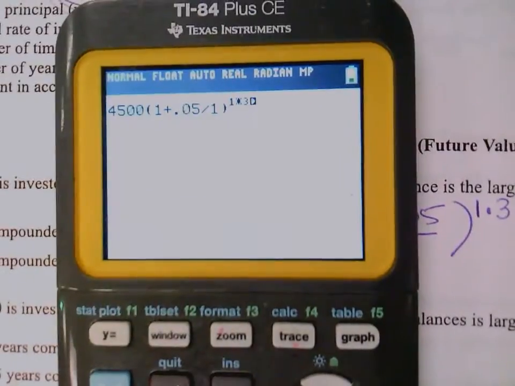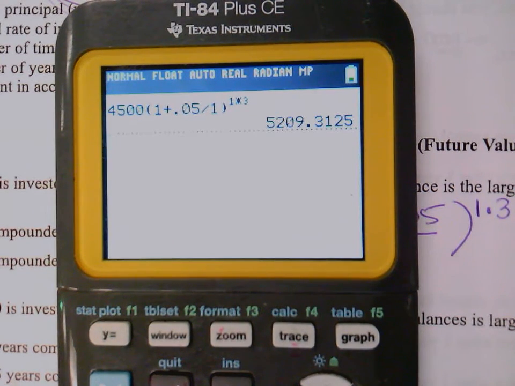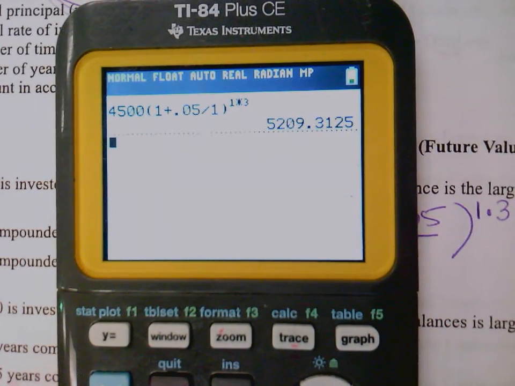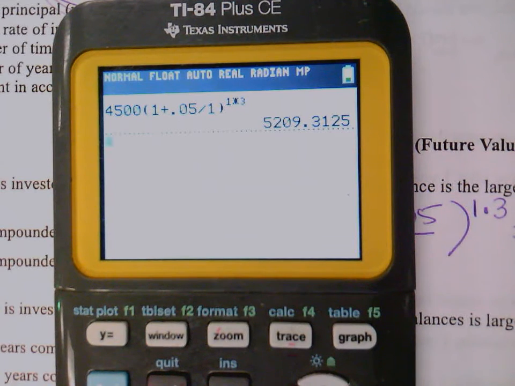If you type it in all the way across and hit enter, it'll give you your new balance. A stands for your new amount. Is that what other people got? 5209.31. I would round to the nearest penny. Anyone need help typing that in?